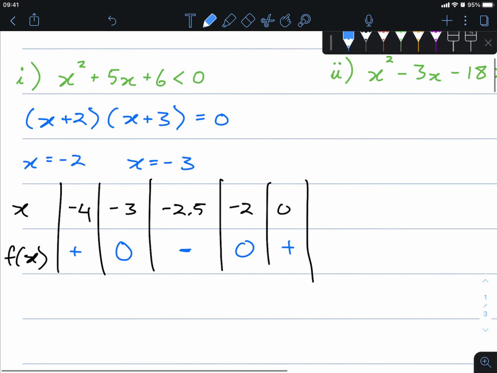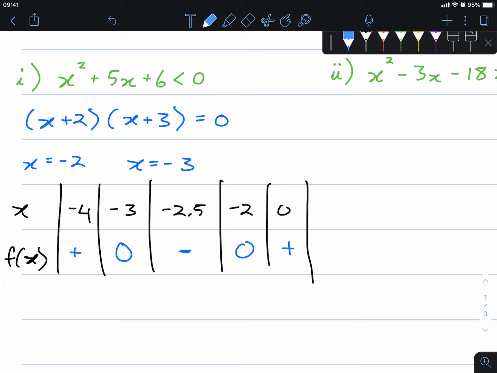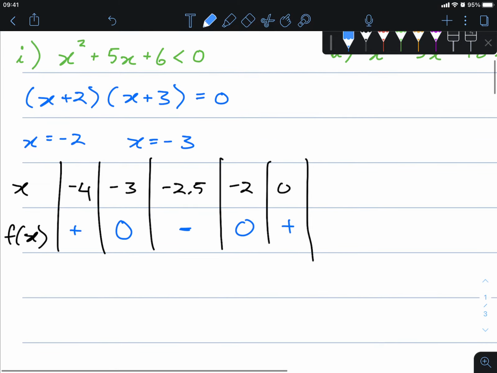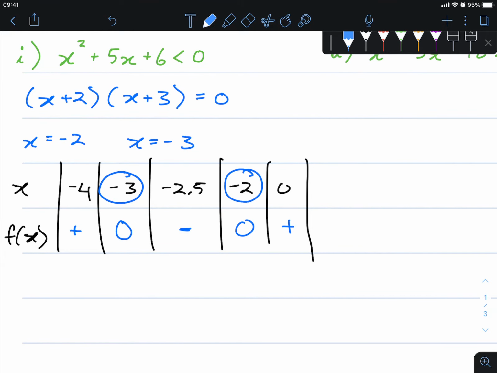Now that we have the table of signs, we can solve this inequality. It's asking now, where in this inequality, or in this case a parabola, is the parabola less than 0? Well, we can clearly see that between negative 3 and negative 2, the graph is negative.